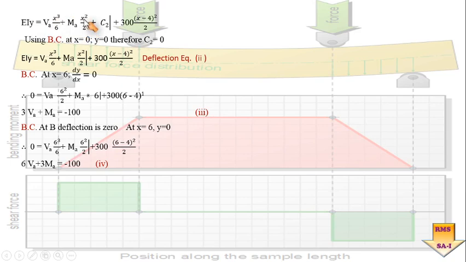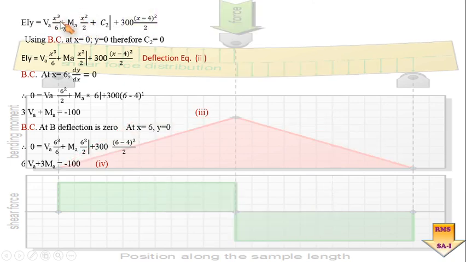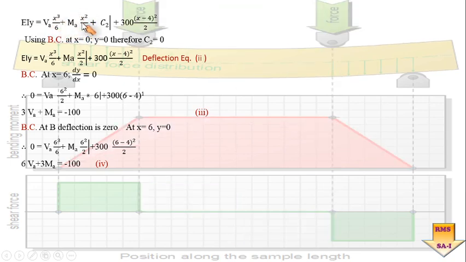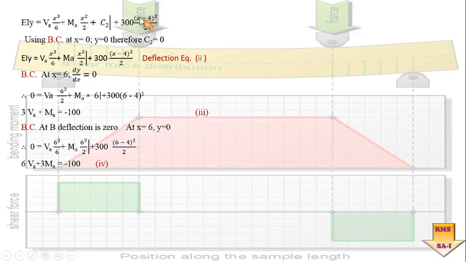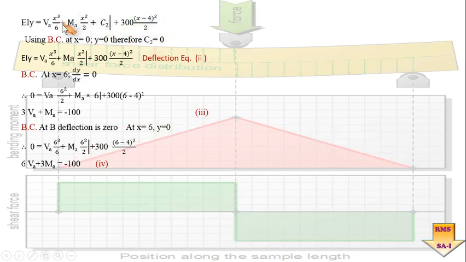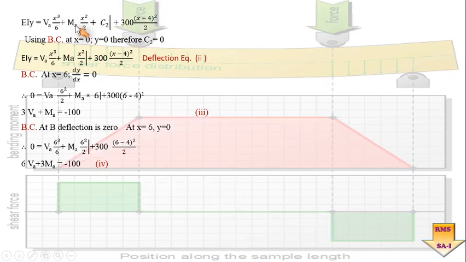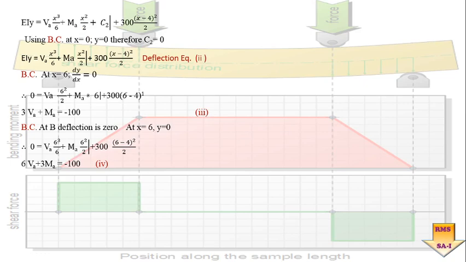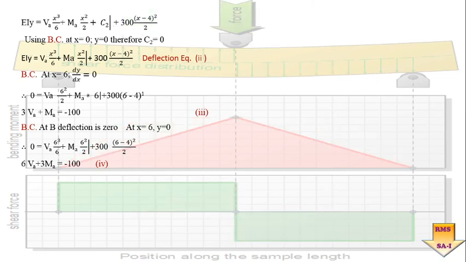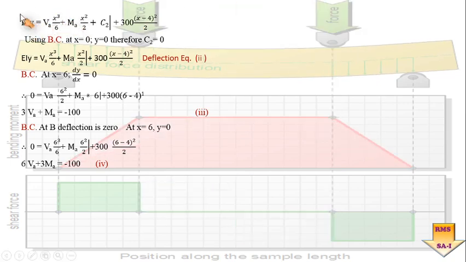So this is the bending moment of first span, that is for the x1 section, and this is the bending moment for x2 section. So always the constant of integration occurs with the very first span. So that's why in the earlier case C1 was along with that first term, and in this also it is along with the first term.